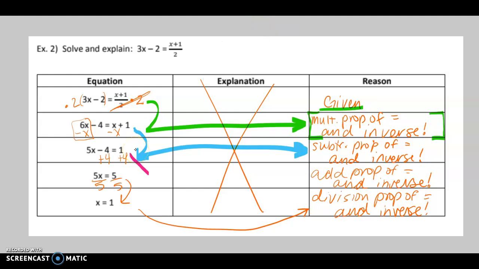We're allowed to go from here to here because of this reason. And then the orange one here, we're allowed to go from here to here because of this reason. Okay? And then at the end, put a little square to say that you're done.